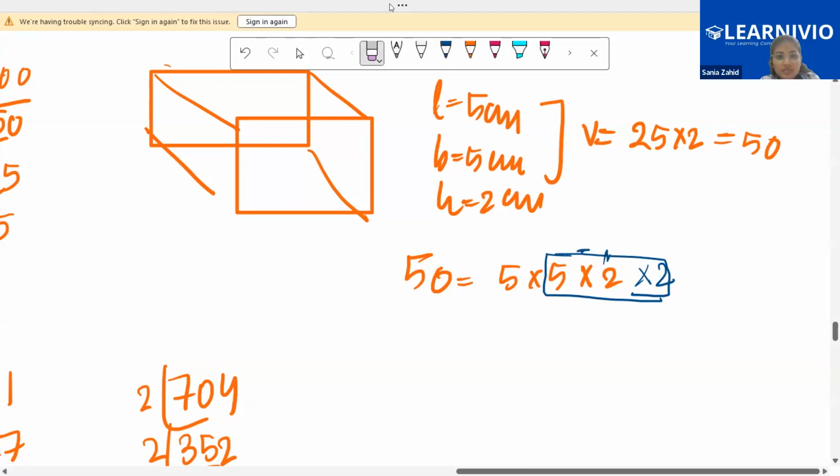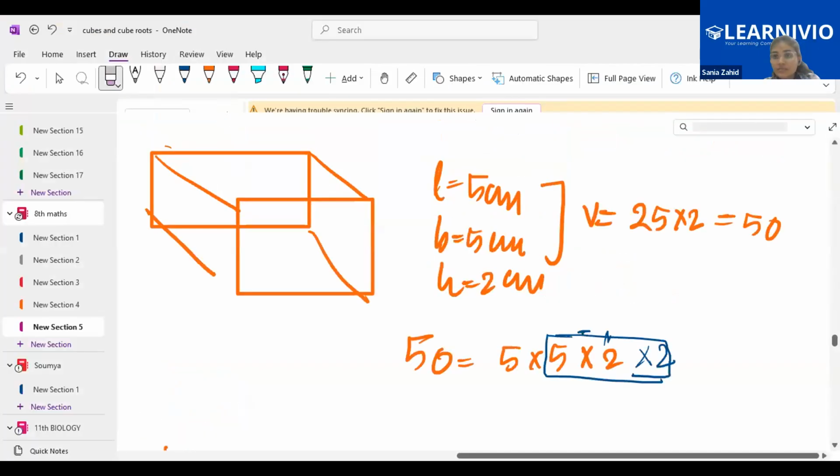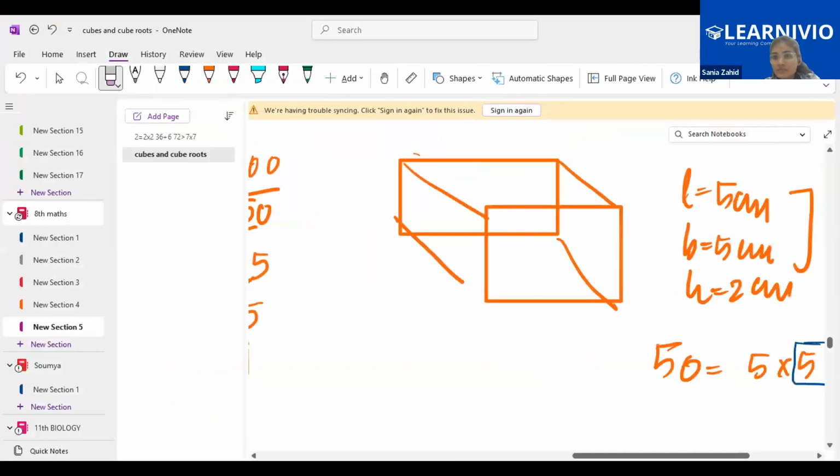One second, children. Children, please give me 1 minute. My OneNote is not working, it's hanging. Okay, ma'am. I'll do one thing, I'll join again.